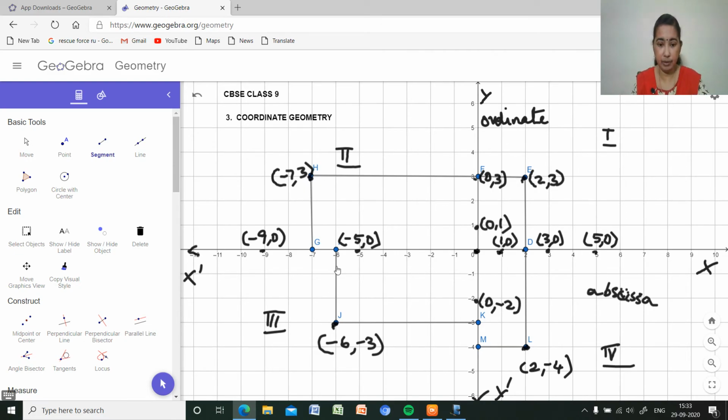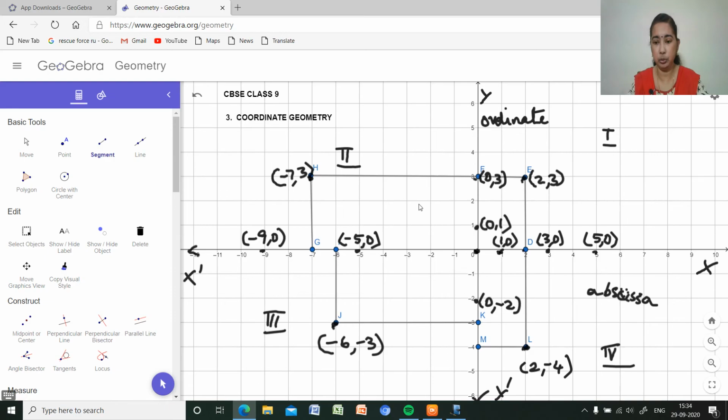In the same way, what about the abscissa of (-6, -3)? It is -6. What is the ordinate of (0, 1)? It is 1. What is the ordinate of (5, 0)? It is 0. So ordinate means the y coordinate and abscissa means the x coordinate.